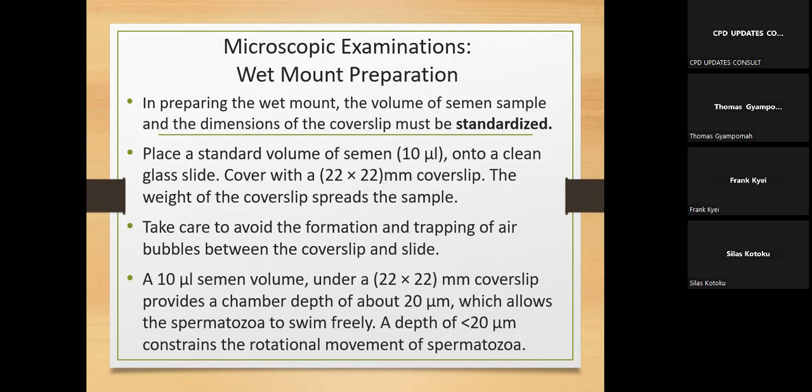You are going to use the wet mount to assess motility, but you are constricting the sperm in its motility. At the end of the day, you say that motility is low, but you yourself have created a condition in which the sperm cannot move. So these are the science behind the standardization of the wet mount.